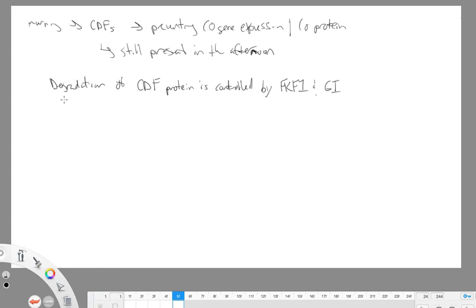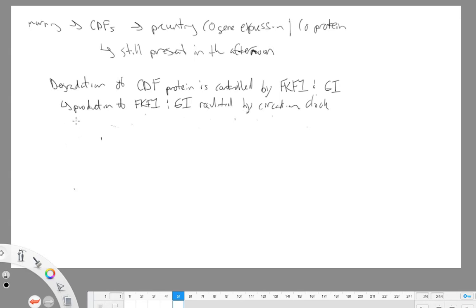And again, the production of FKF1 and GI is regulated by the circadian clock. Okay, so we have these CDF proteins. They're preventing the expression of the CO gene. They're preventing the CO protein from being created, and that's preventing the flowering locus gene product from being created and preventing flowering.